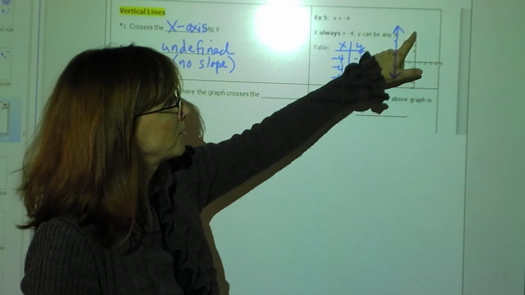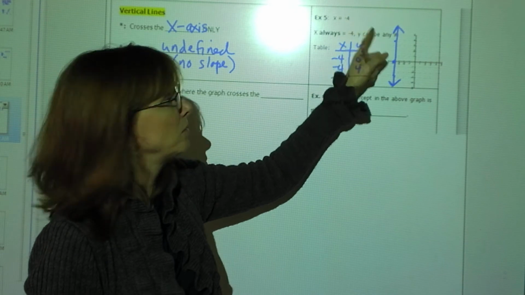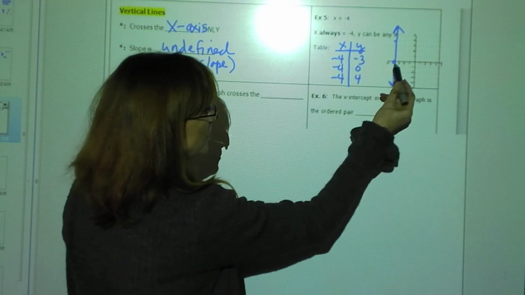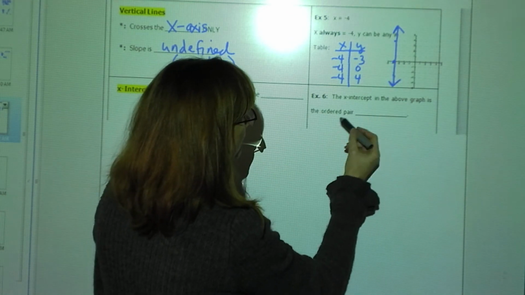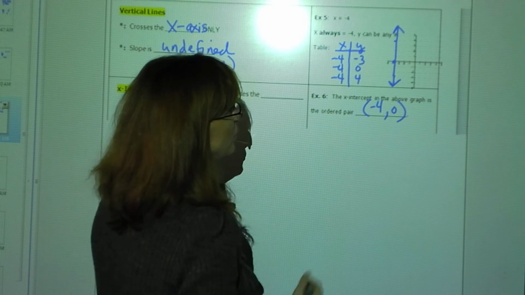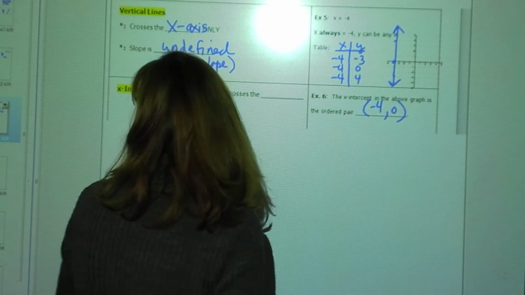The only time it would cross the y-axis is if the equation was x equals 0. X equals 0 is the same as the y-axis. So the x-intercept in the above graph is going to have the ordered pair (-4, 0). It crosses the x-axis when the y-coordinate is 0.